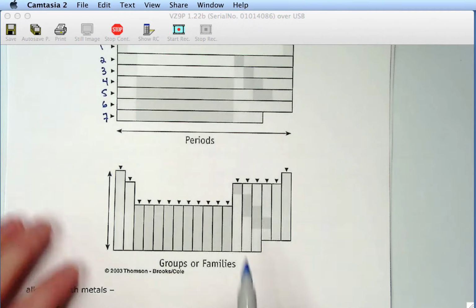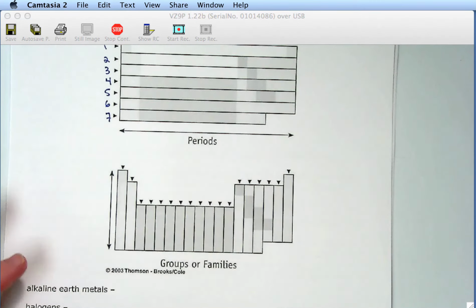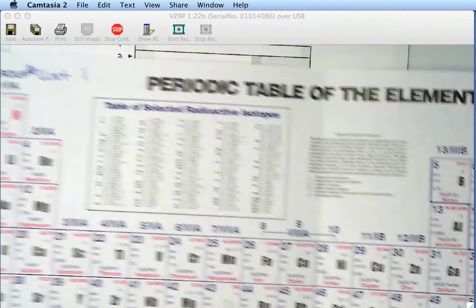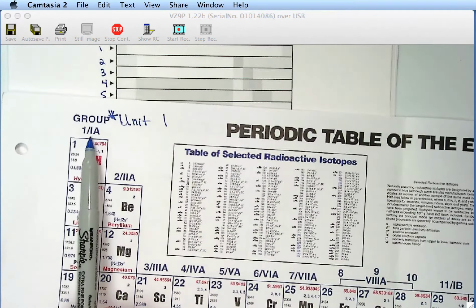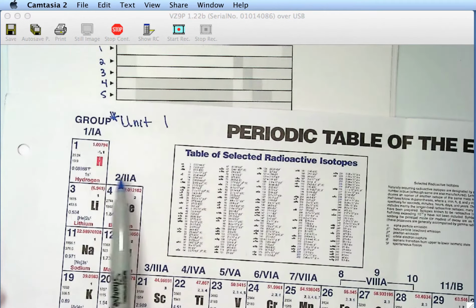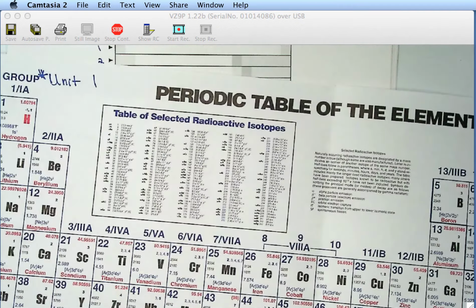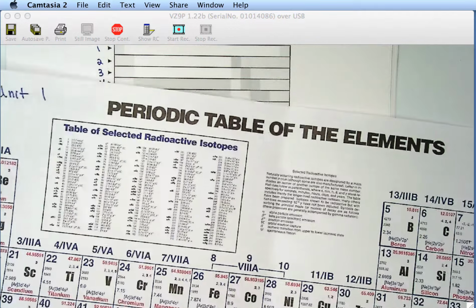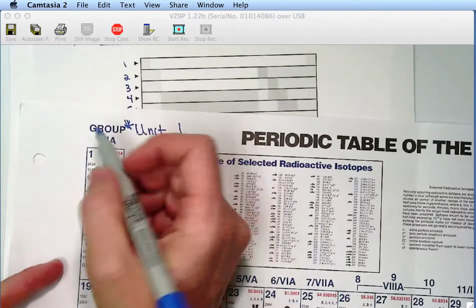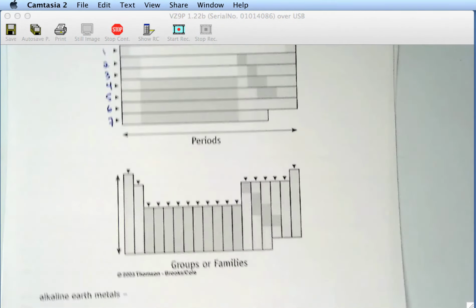So the groups, if you look at the periodic table that I've given you, you see a lot of different numbers above. At the very top it says group 1/1A, group 2/2A. The way we actually have you number is not quite exactly like this periodic table. I'll write it on this so it's clearer.